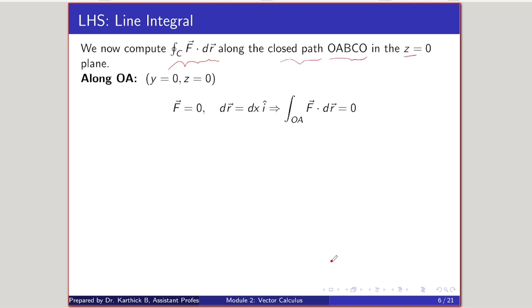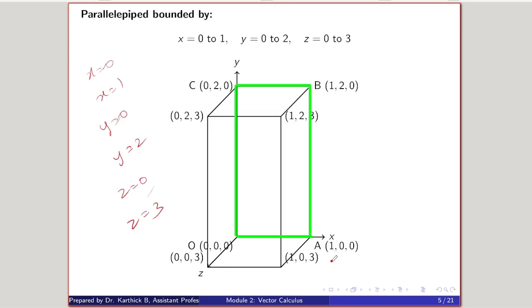In that, z will be 0. It will be a plane. So if you see the graph, on OA, x will be from 0 to 1. I have said that it will be in the anti-clockwise direction, so 0 to 1. Then y and z are both 0 at both points.